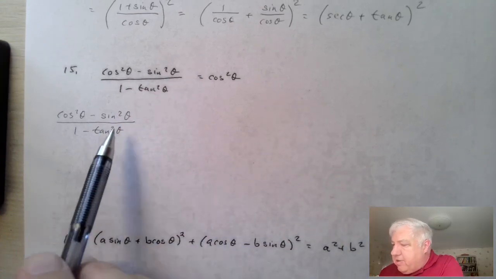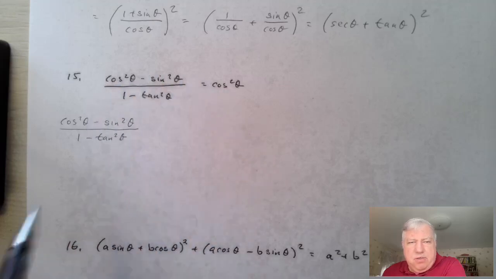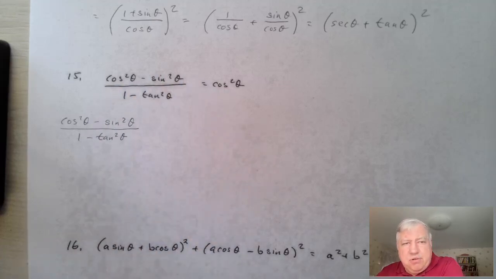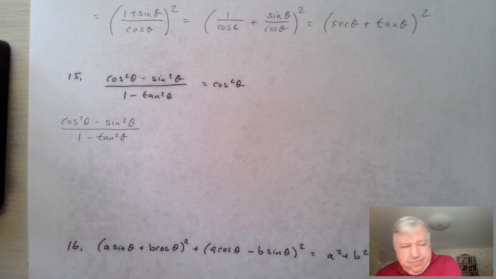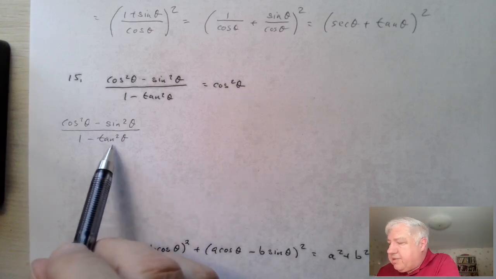Also, there's no secant in this equation, so you probably don't want to introduce another trig function if you don't have to. Instead, why don't we just replace tangent with sine over cosine?